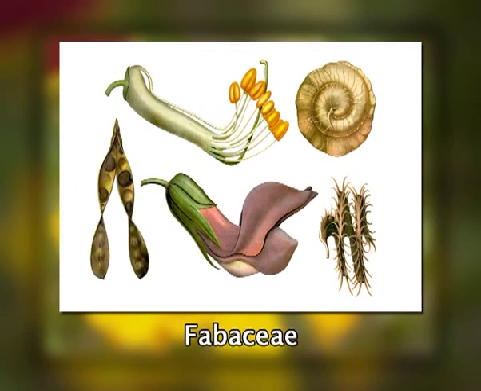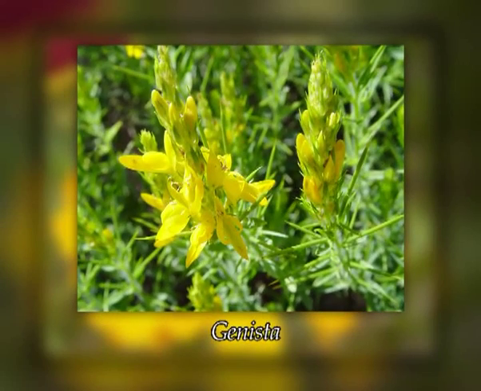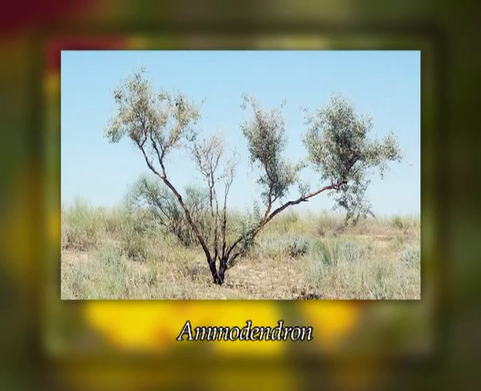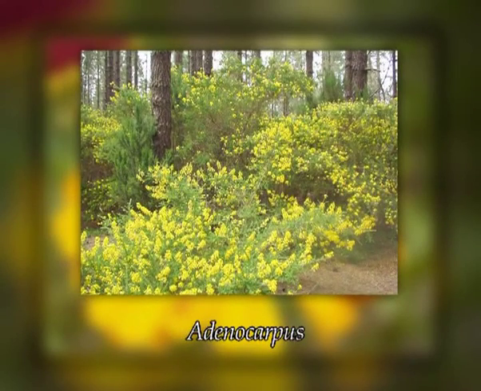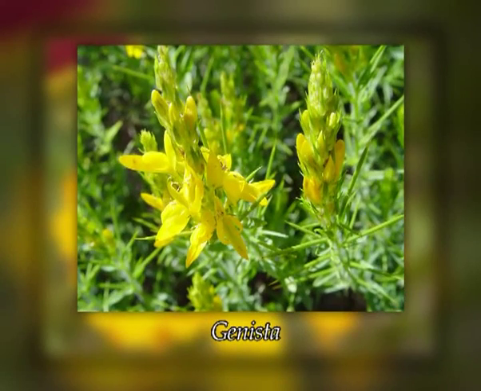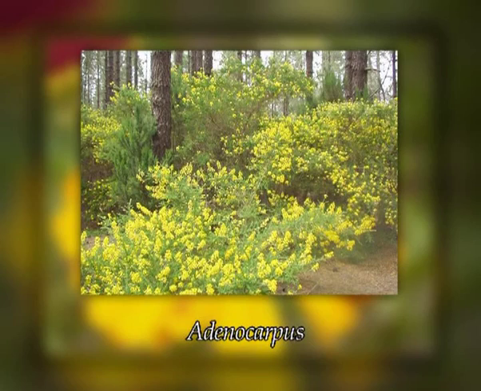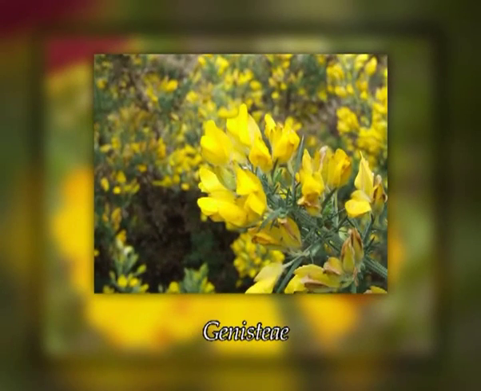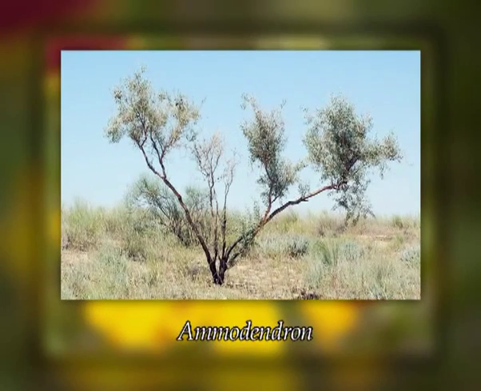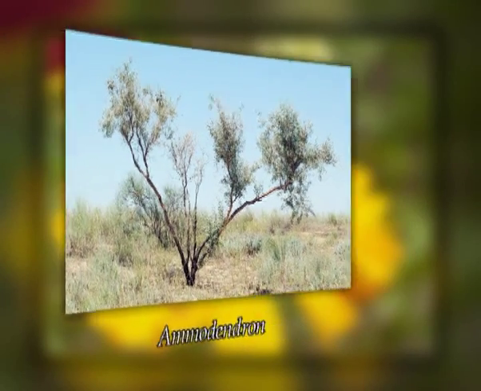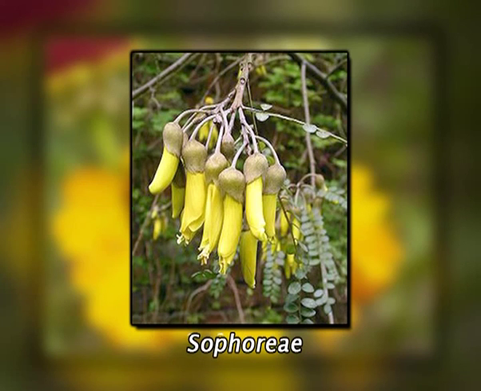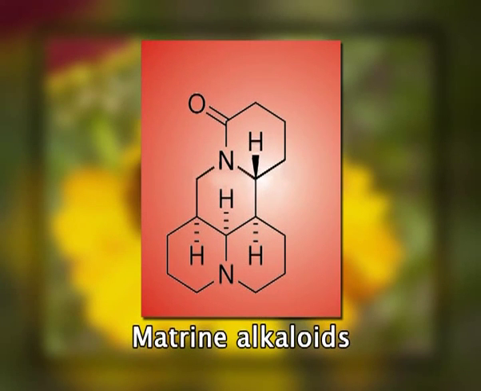Number one, distribution of alkaloids has proved useful in the taxonomy of the Fabaceae. Of the three genera, viz., Genista, Ammodendron, and Adenocarpus, under this family, Genista and Adenocarpus were included in the tribe Genisteae, whereas Ammodendron was placed in the tribe Sophoreae, which is characterized by the presence of matrine alkaloids.